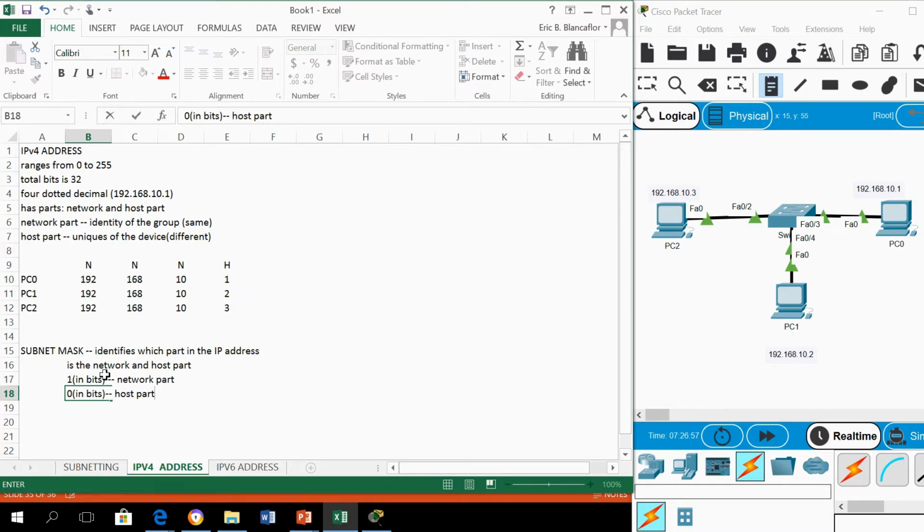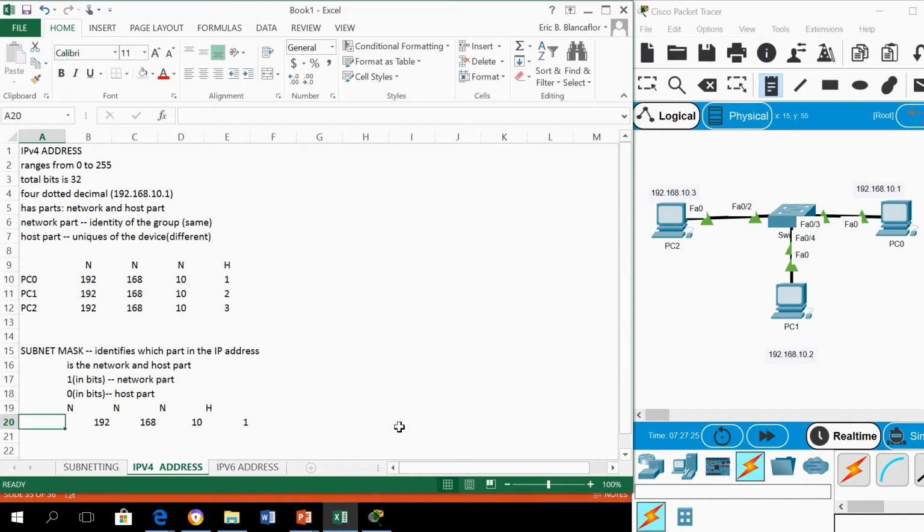Let's have a demonstration. For example, I have this IP address 192.168.10.1, and we say that 192, 168 and 10 are the network part, and the 1 is the host part.